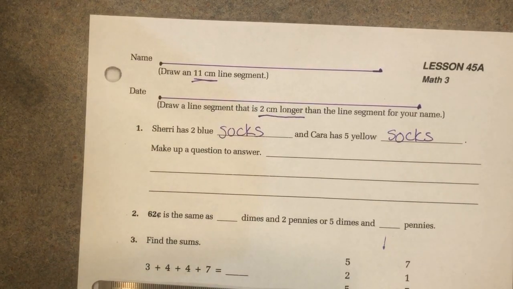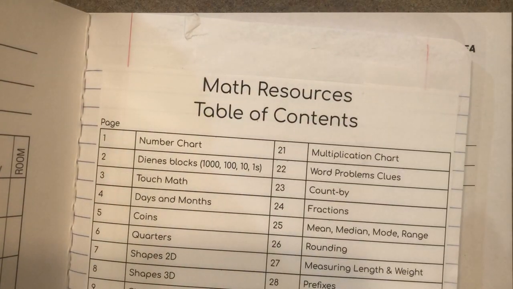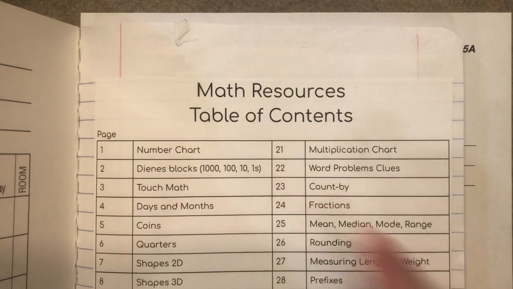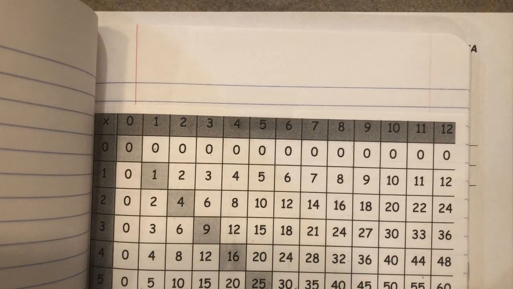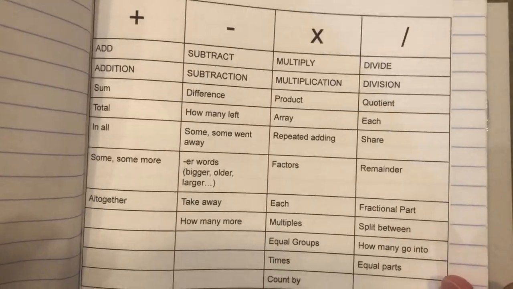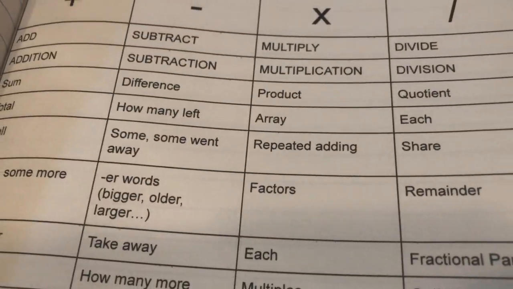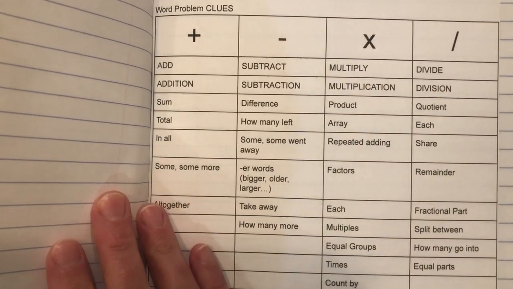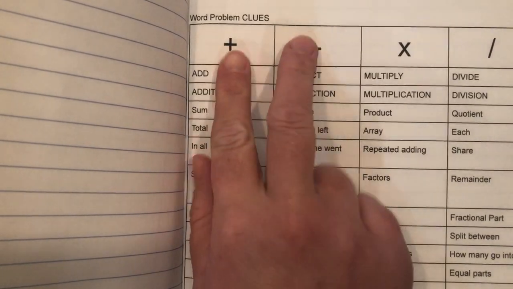If you want to use page, I should have found this earlier. I'm looking for, here, word problem clues, page 22. So if you want to open to page 22, instead of using these clues to figure out what you're supposed to do with the word problem, we'll use it to build a word problem. So the 2 blue socks and 5 yellow socks, we could do one of these 2 columns with it.